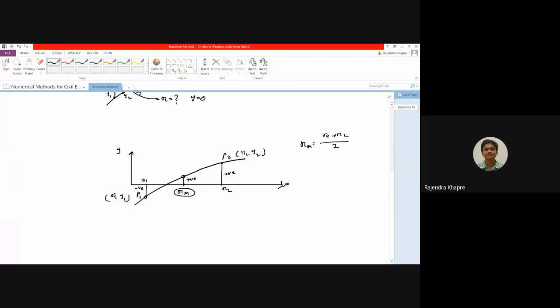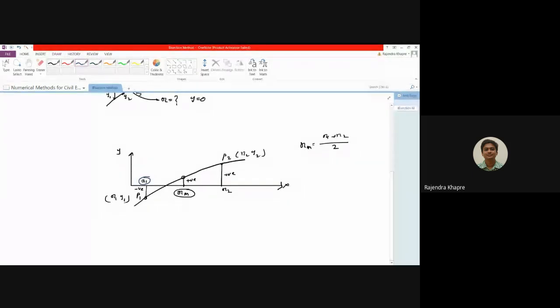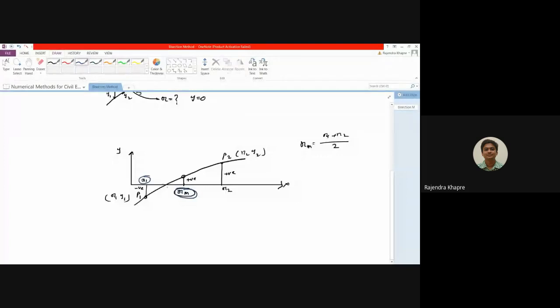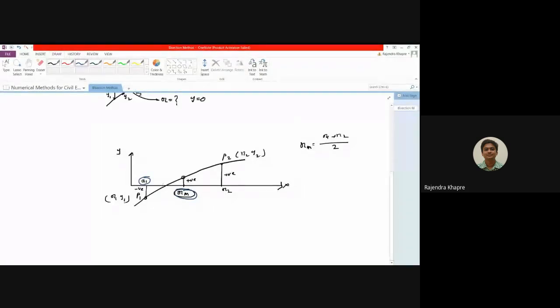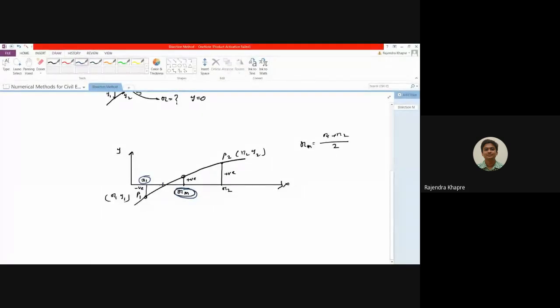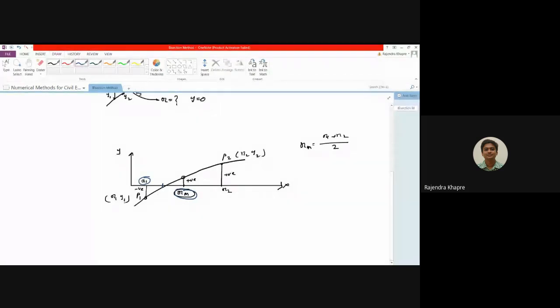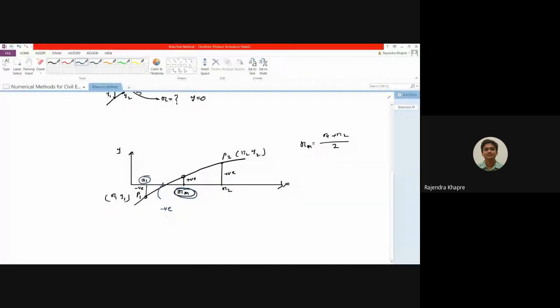In that case, we have to go for bisection one more time. Now if you bisect between xm and x1, your midpoint will come somewhere over here, and here the value of y is negative.